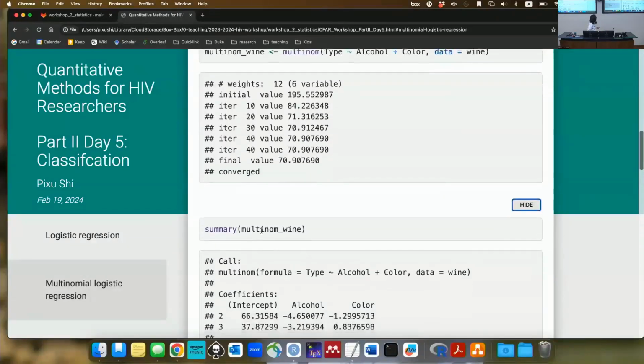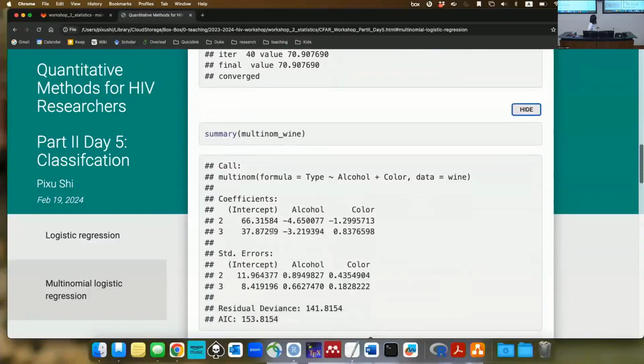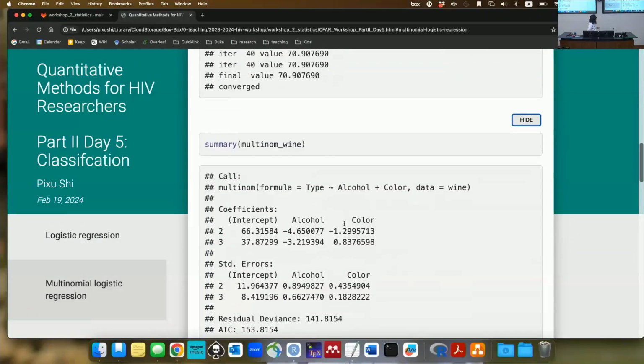So in the summary of the regression output, you will have one table for the coefficients, one table for the standard error. The reason why we have a matrix for the coefficients is because now we have each predictor here, and this is each category over the first category.